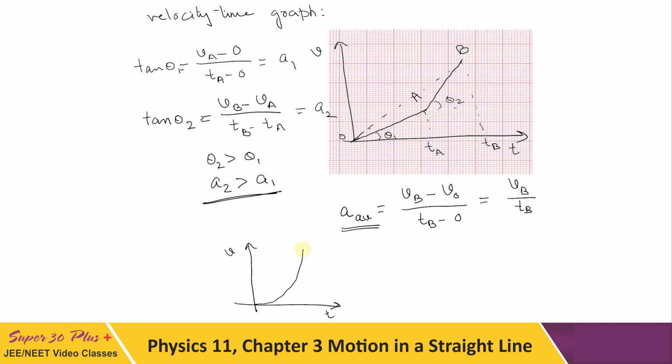So acceleration would not be uniform, because you can see its slope keeps increasing with time. If the graph of velocity versus time is non-linear, then acceleration is not constant. If it is linear, then acceleration is constant.